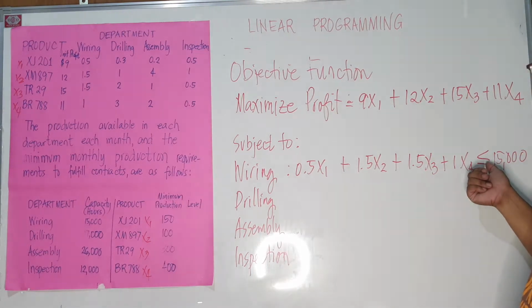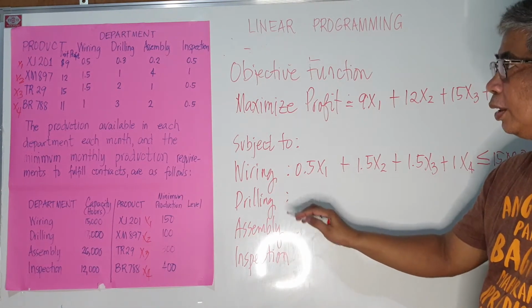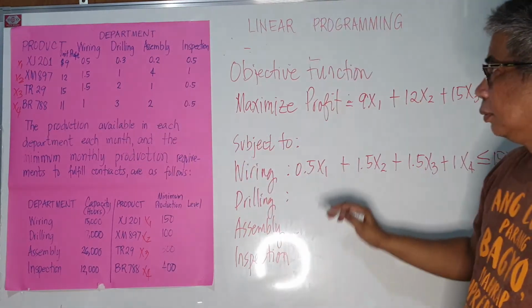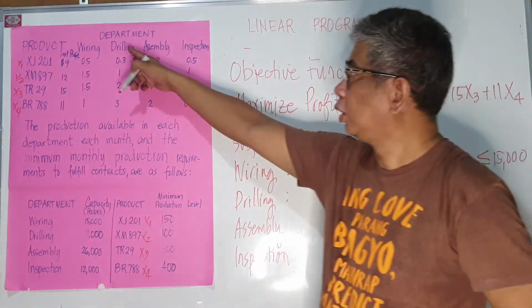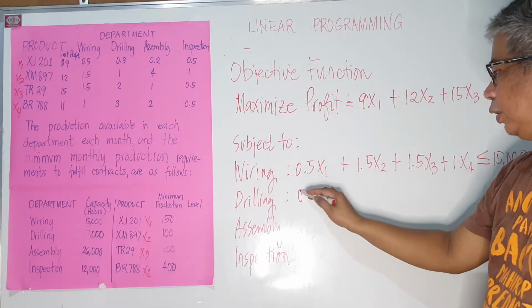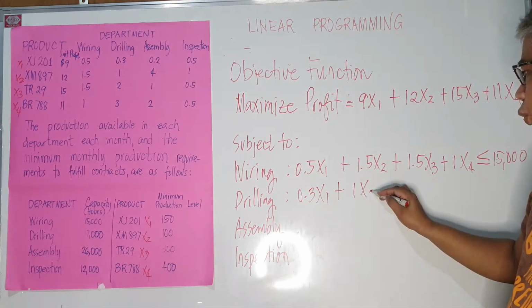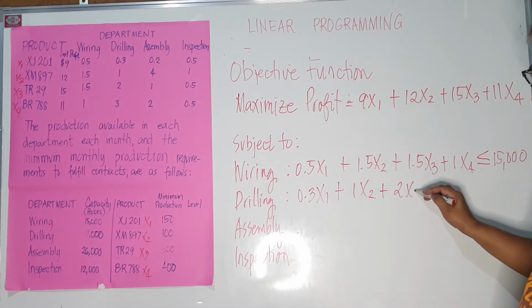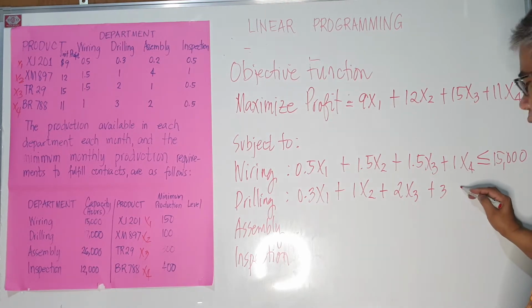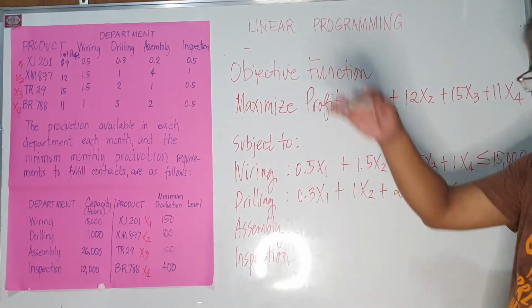So, we make use of the less than symbol. So, for drilling, 0.3. So, each product will gagamit ng drilling process. So, 0.3 x1 plus 1 x2 plus 2 x3 plus 3 x4 should not exceed 17,000. Okay? For assembly, ganun ulit.